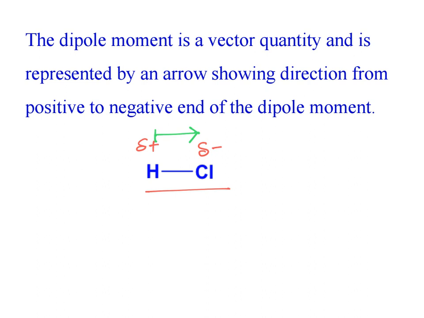The dipole moment is a vector quantity and it is represented by an arrow showing direction from the positive to the negative end. Sometimes they may ask a question: show the direction of the dipole moment. In that case always show it from the positive end to the negative end.